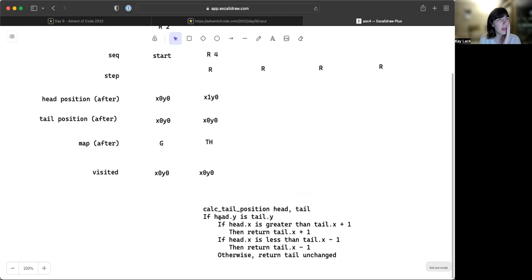If head y is tail y, which it is. If head x is greater than tail x plus 1, so if 1 is greater than 0 plus 1, which is not. If head x is less than tail x minus 1, which is not. Otherwise, return tail unchanged. So in a sense, we've ticked off this rule.